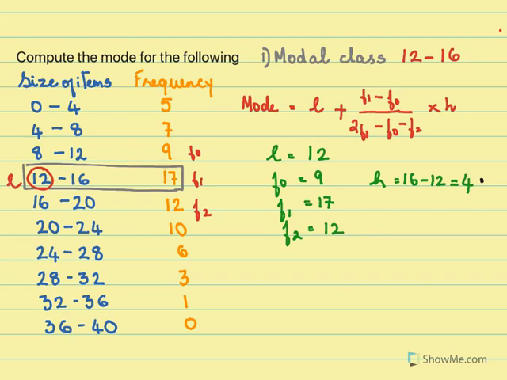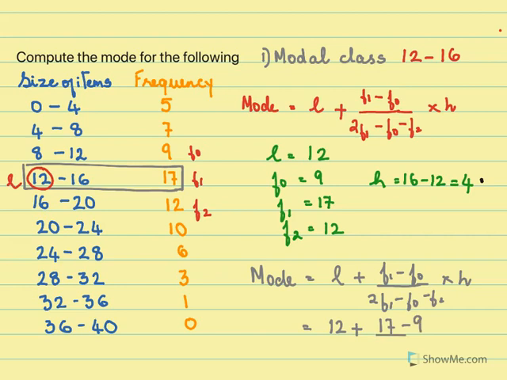Now we go ahead and substitute the values. So here we see that L was 12, F1 was 17, F0 was 9, over 2 into 17, 34, minus F0, 9, minus F2, 12, into 4.